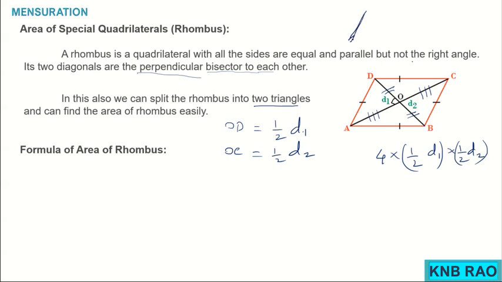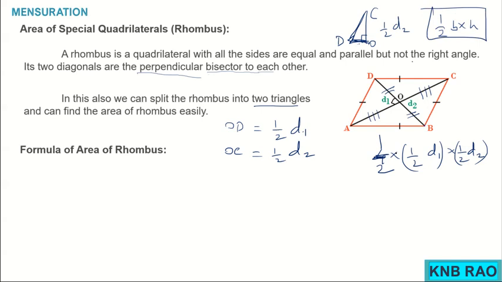in a right angle triangle. I have D O C; this is half D2 and this is half D1, but again I need one more half. Why do I need one more half? That one more half is from the formula half into base into height.